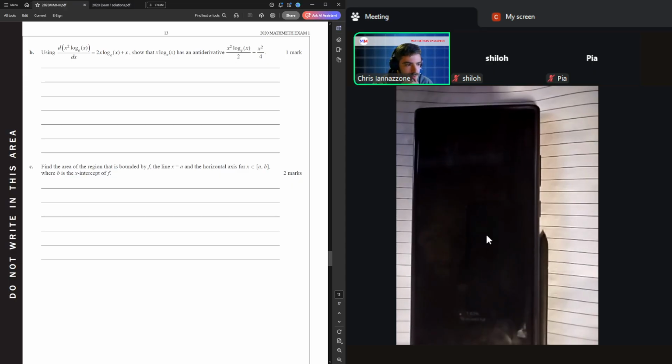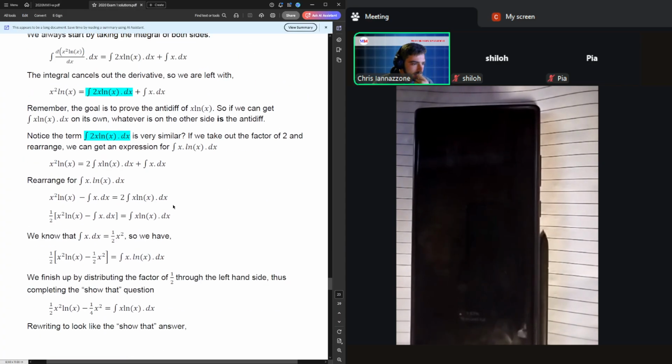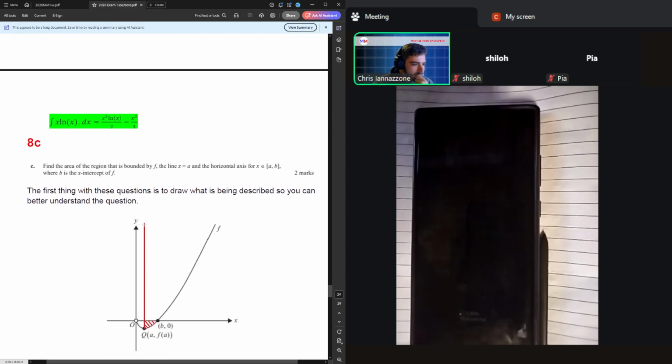So, area bounded by a region, specifically bounded by f, the line x equals a, and the horizontal axis from a to b. We're told b is the x-intercept of f, so those things all put together mean we're basically solving that area in there.